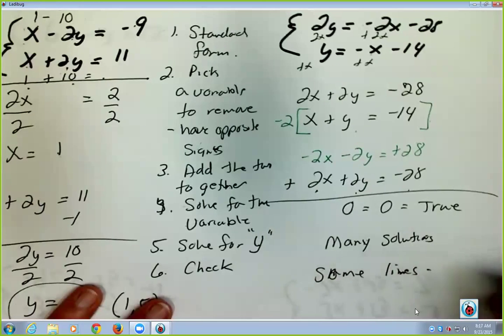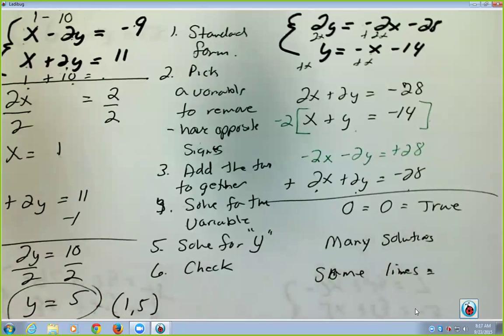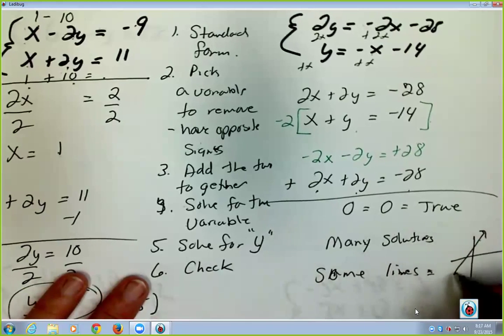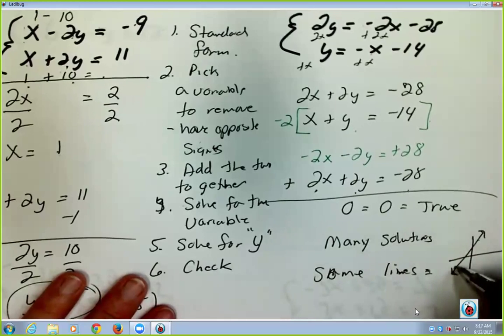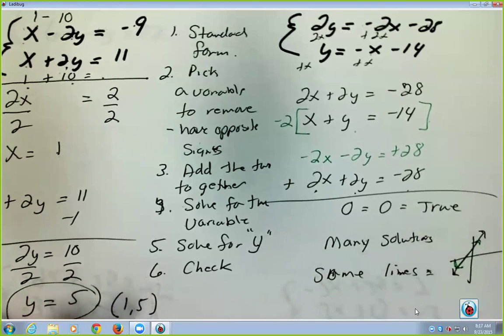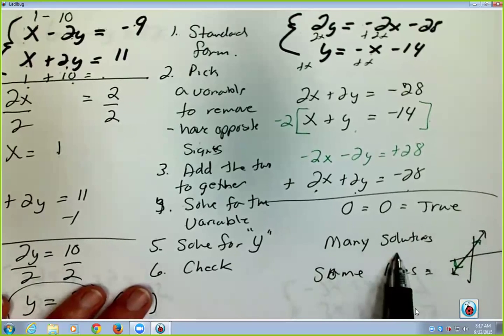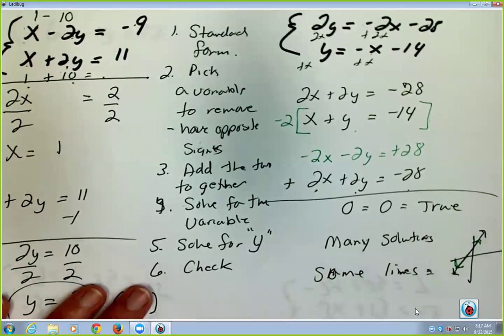And because they're the same lines, the lines are right on top of each other. So if you graph this, you would have one line doing this, and you would have another line doing this. If you have that graph going on, they're on top of each other, so that's why we have many solutions, because there isn't just one answer to it. They're the exact same line, okay?